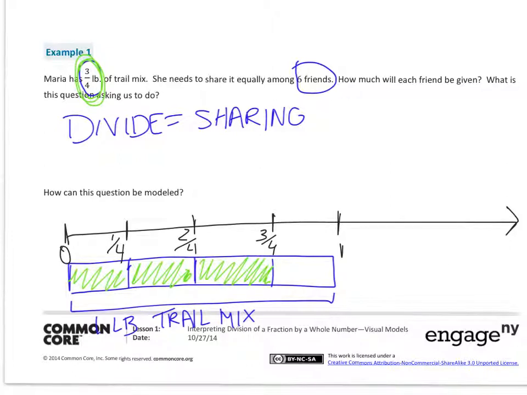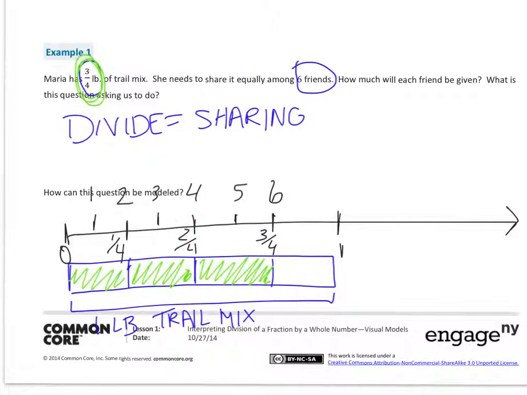And then I have to divide it up into 6 pieces. So that means 6 ends right here. So let's see, 2. All right, so I kind of have it in 6 pieces.